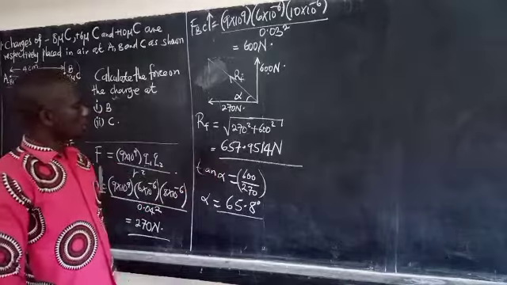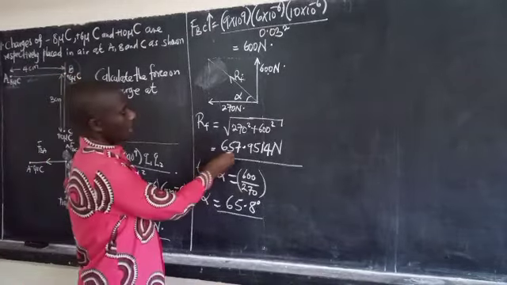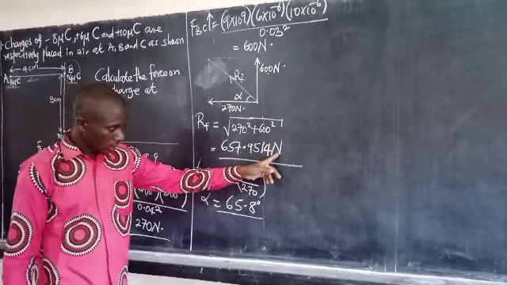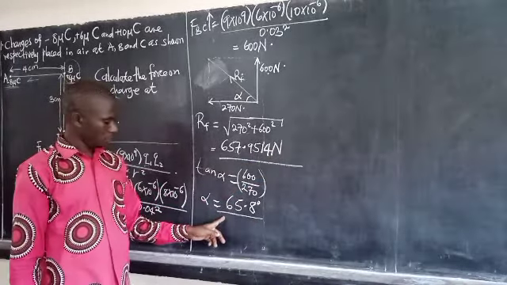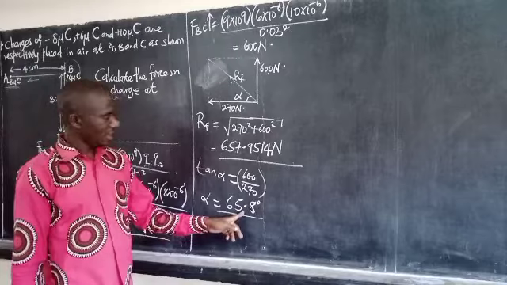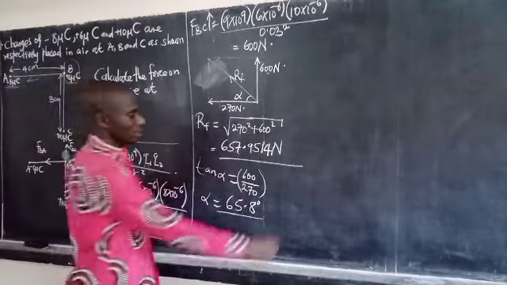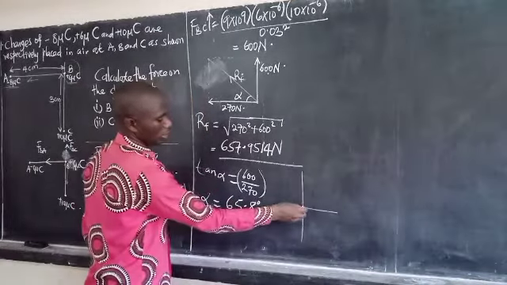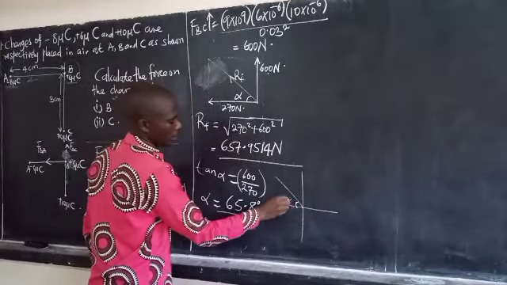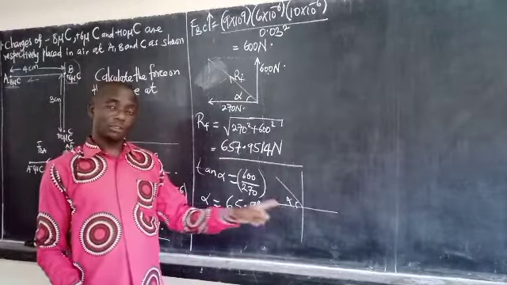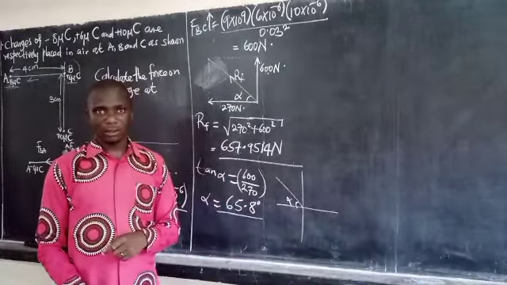It is very important, and we can conclude that the resultant force is a force of 657.9514 Newton at an angle 65.8 above the negative axis when you draw like this. So you see it is here. So it is above the negative horizontal axis.